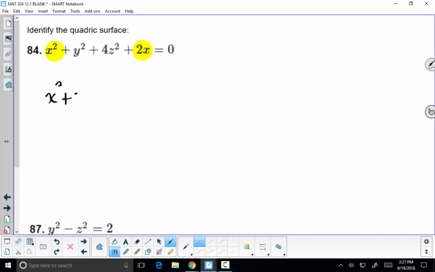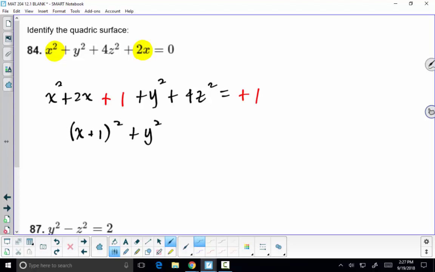So we have x squared plus 2x. The y's and the z's are totally fine. And what are we going to add for our completing the square term? 1, both sides, complete the square. Okay, so we have a couple of ways to deal with this.